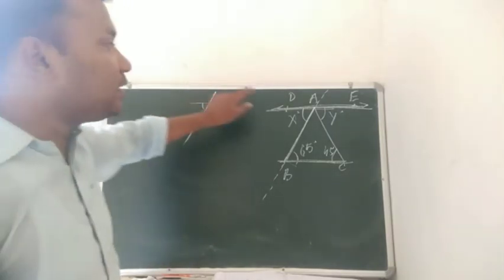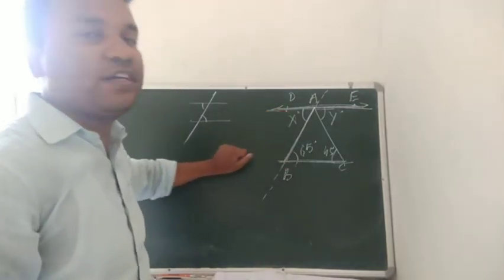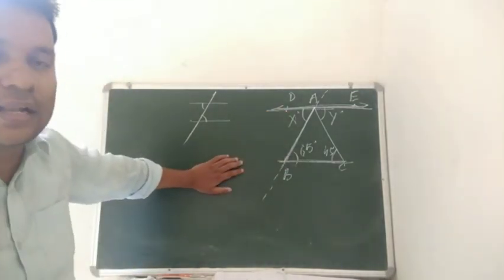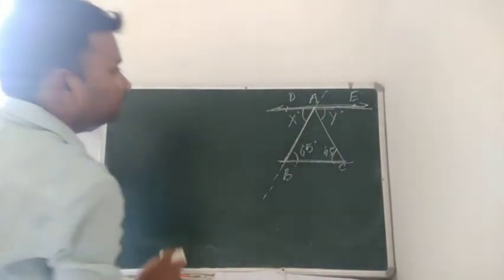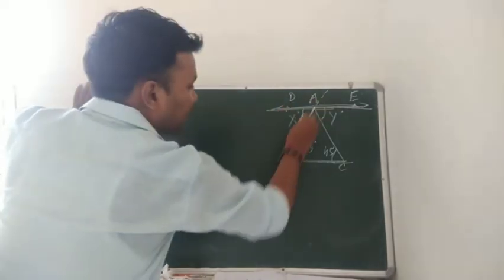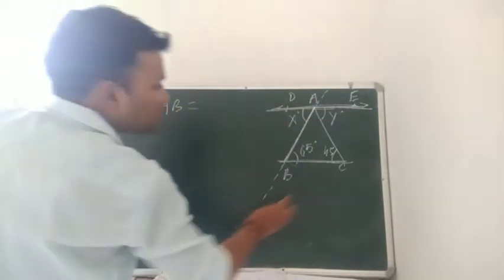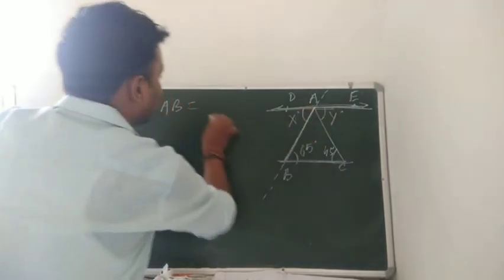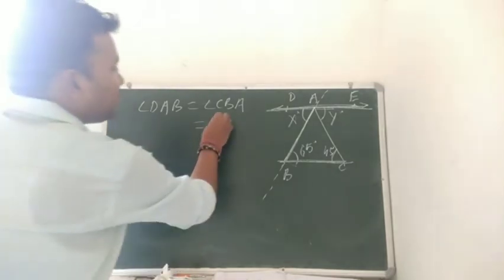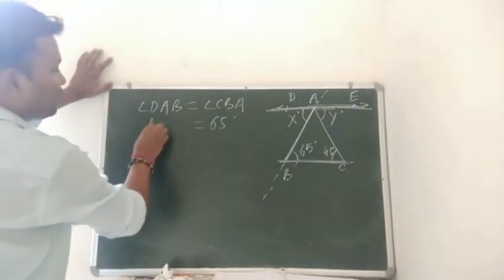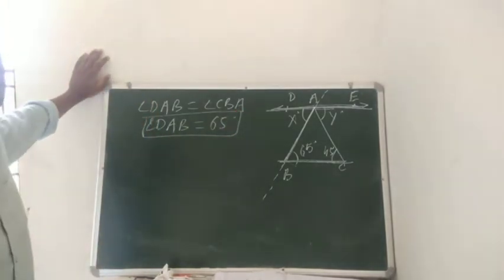Here we can see clearly this x degree and this 65 degree are both alternate interior angles and they will be equal. So we can write here that angle DAB will be equal to angle CBA, and the value of angle CBA is given as 65 degrees. So angle DAB will be 65 degrees.